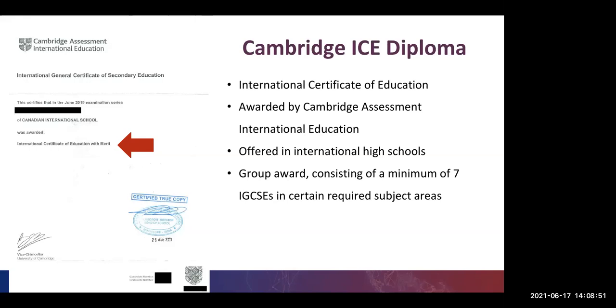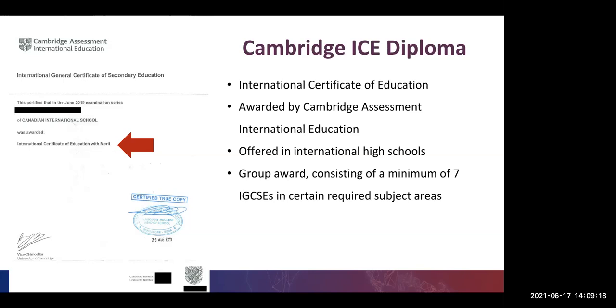IGCSE. And just a quick primer on the IGCSE, this is the English language-based exam, which is similar to the General Certificate of Secondary Education, and it's recognized in the United Kingdom as being equivalent to the GCSE. So the IGCSE is the international version of the GCSE. The GCSEs are offered to domestic students in the UK.